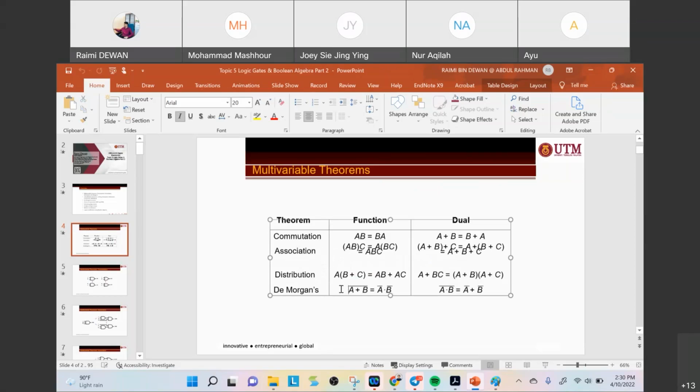In De Morgan's theorem, A times B inverted will become A inverted multiplied by B inverted. Sometimes we call the inverted a bar. So A bar dot B bar. And bar AB equals bar A plus bar B.